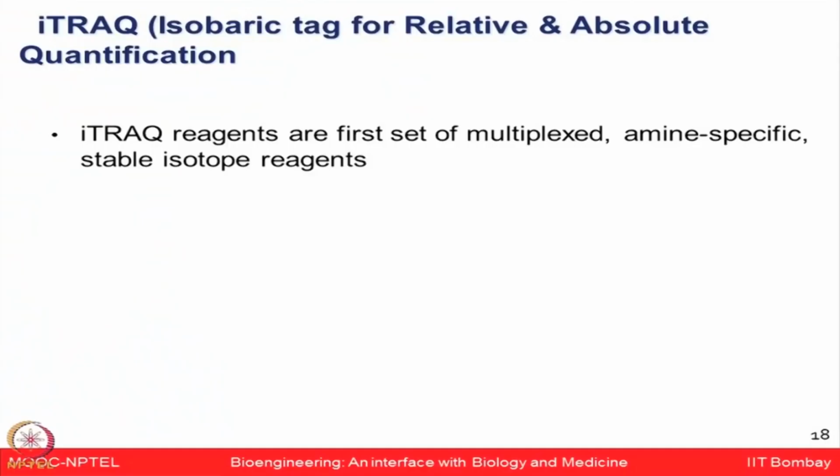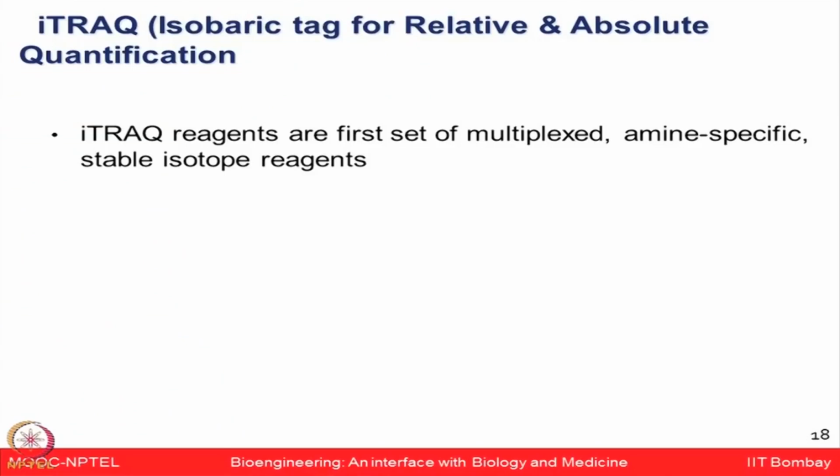Now, the way we talked about the DIGE technology, differential gel electrophoresis, in the context of gel based proteomics. Similarly, when the intention is to not only identify a protein, but also to quantitate them well, then technologies like iTRAQ, which is isobaric tagging for relative and absolute quantification, have come forward as a very strong platform to do quantitative proteomics.